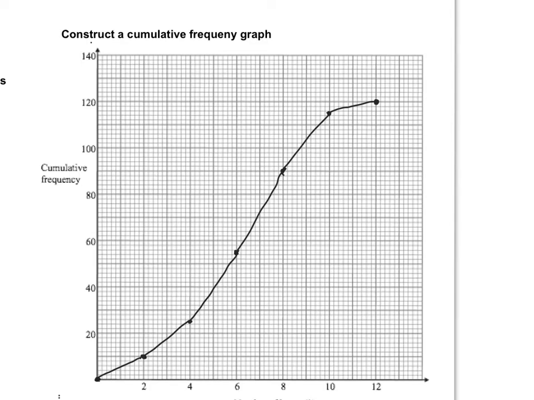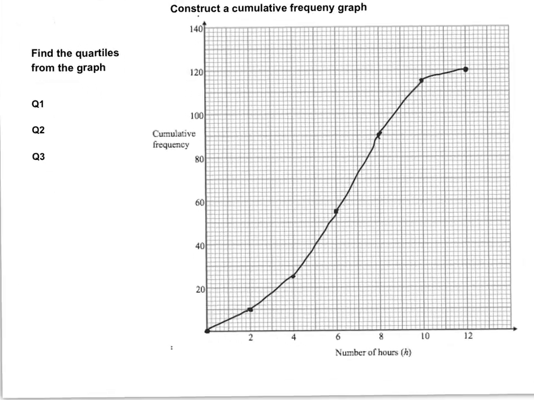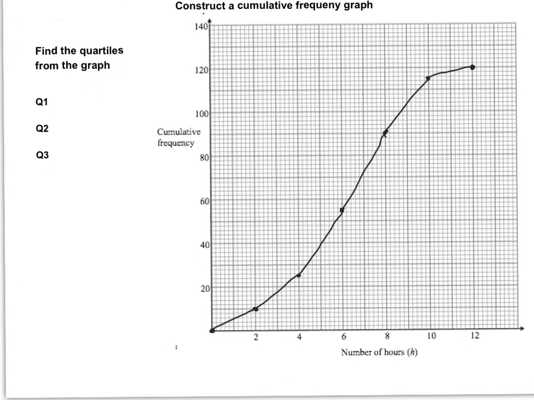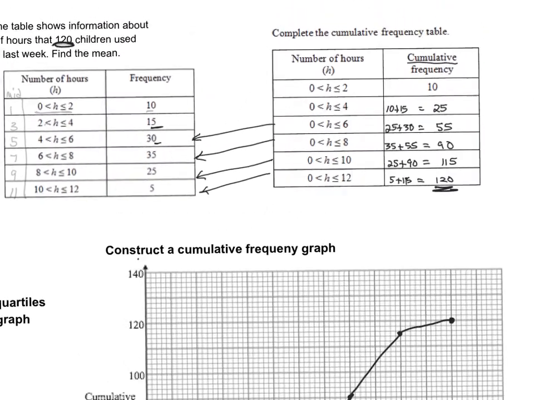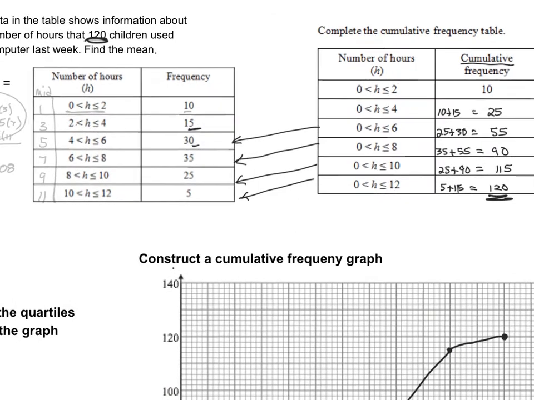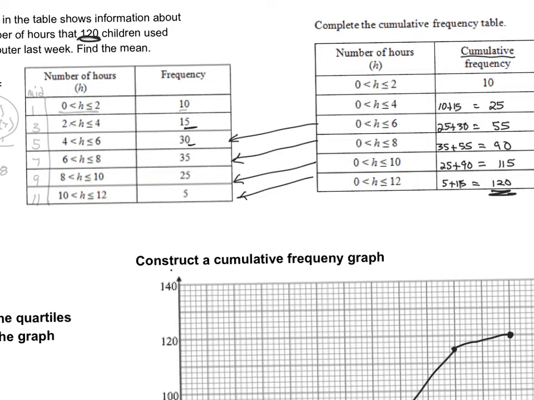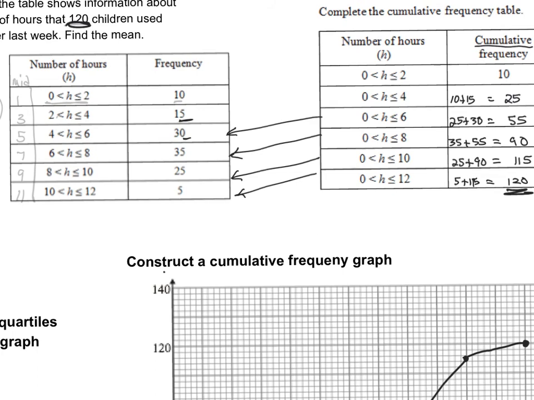What can I do with a cumulative frequency graph? Well, we're going to find the quartiles from our graph. So let's go back up here for a minute and look at our frequency table. If I have 120 pieces of data, if you remember finding the median back in middle school, you're looking for the middle of your data.